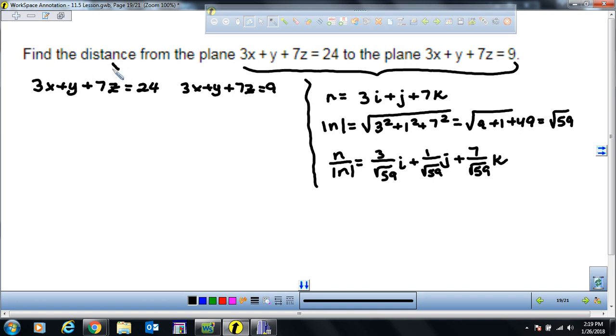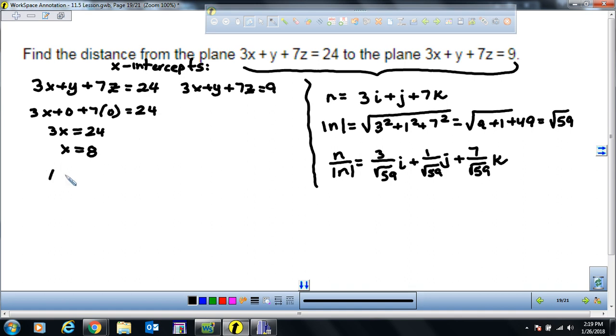So let's find the x-intercepts for both. To find the x-intercept of this one, we let y be 0 and z be 0, and that gives us 3x equals 24, which is x equals 8, and that gives the point 8, 0, 0.